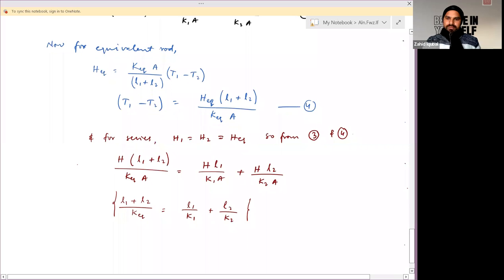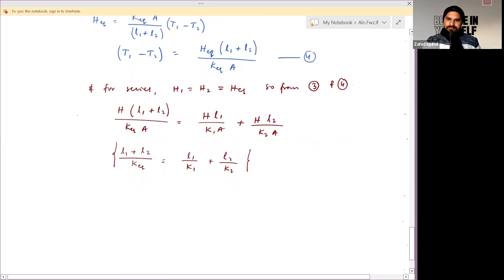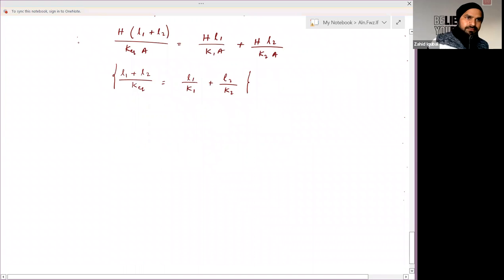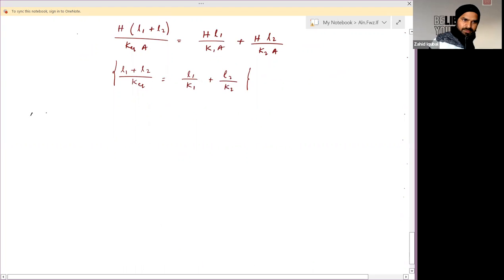Similarly, we have to calculate for parallel combination. So next is parallel combination.